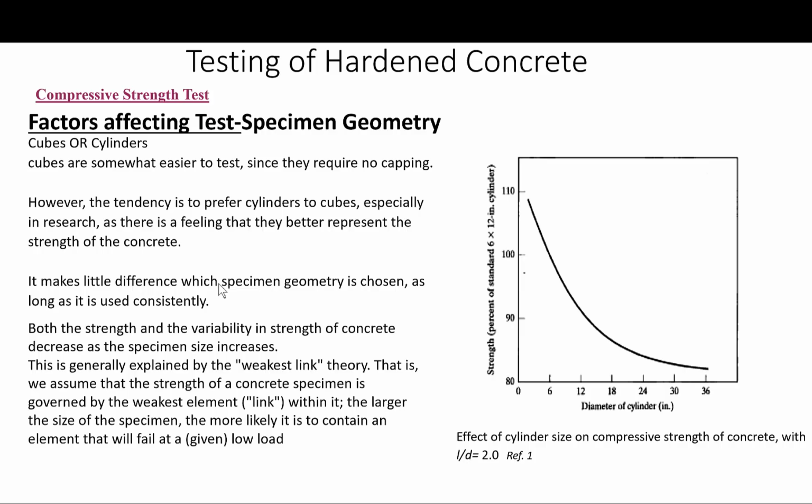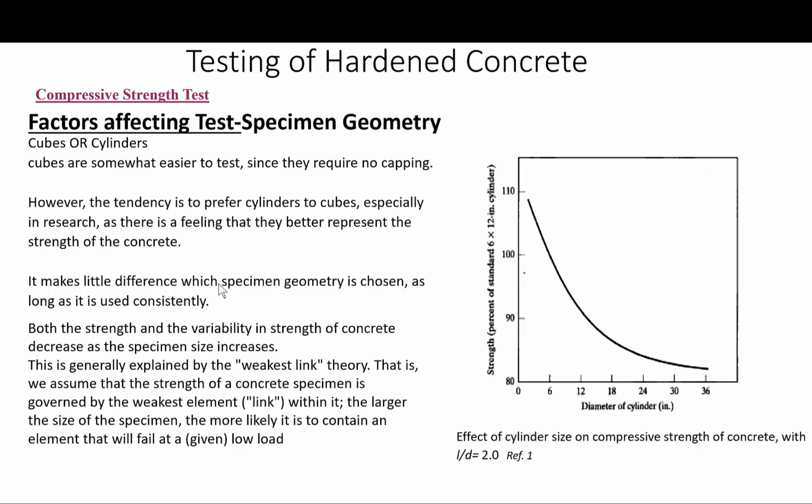This is greatly explained by the weakest link theory. We talked about the interfacial zone, the weakest link. We assume that the strength of the concrete specimen is governed by the weakest link within it. So the larger the size of the specimen, the more likely it is to contain an element that will fail at a given low load.